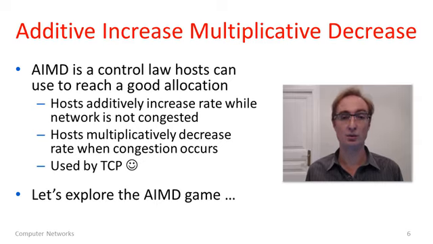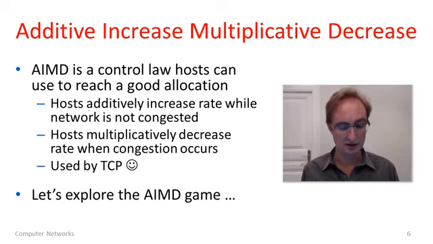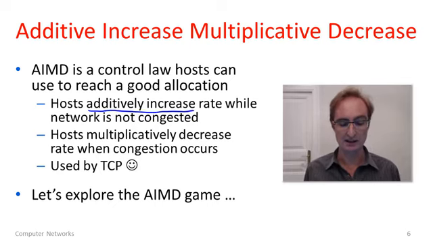AIMD is a control law for doing this adaptation. And it's a control law which has some attractive properties because it can help us get to an efficient and fair allocation. In AIMD, hosts additively increase the rate by adjusting the window size, say, by adding something to it, while the network is not congested. That's the AI part.